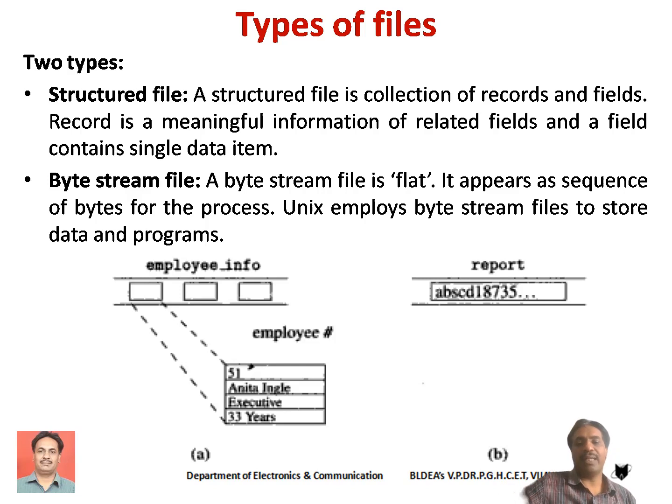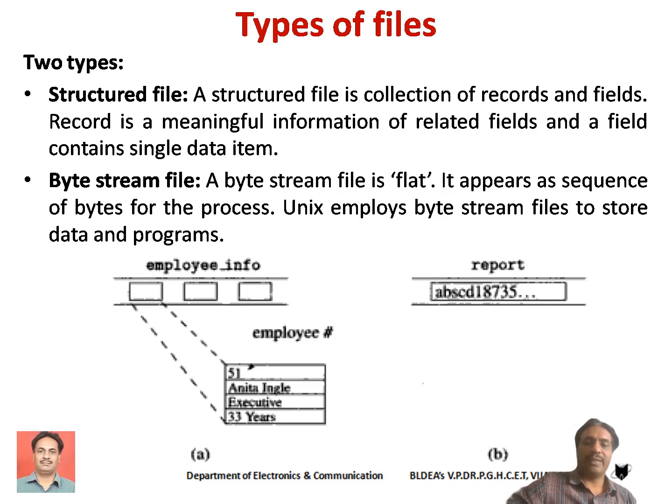In this example, we have four fields: ID, name, designation, and age. That's why we say a structured file is a collection of records and fields. A record is meaningful information of related fields, and a field contains a single data item.